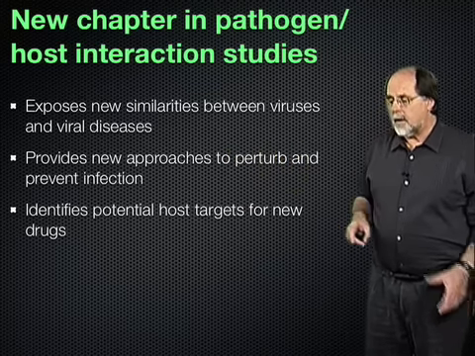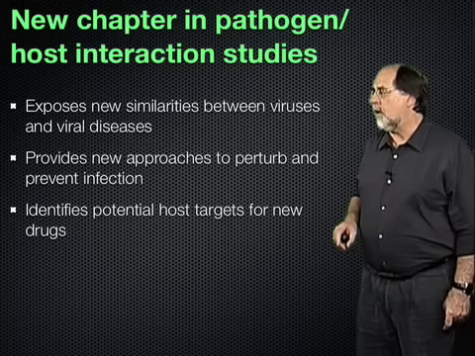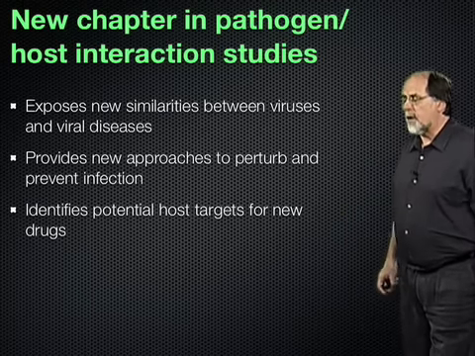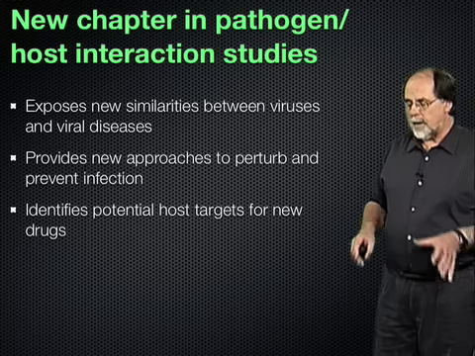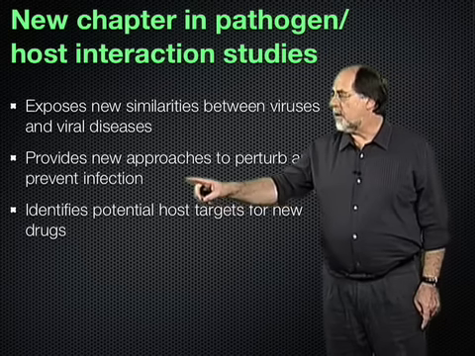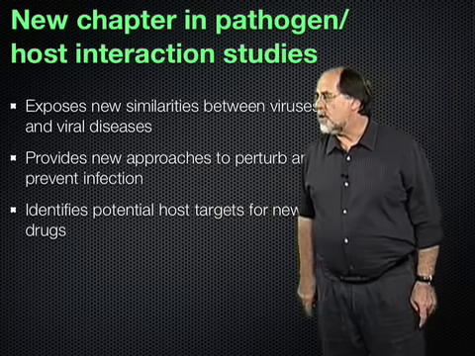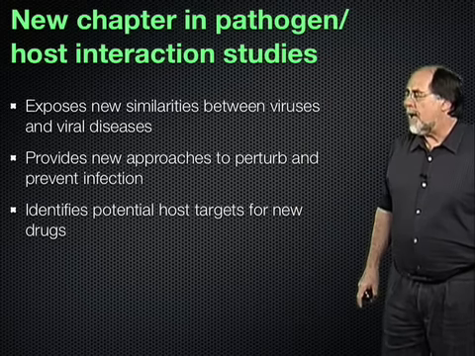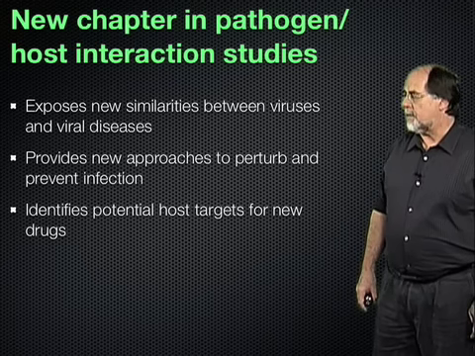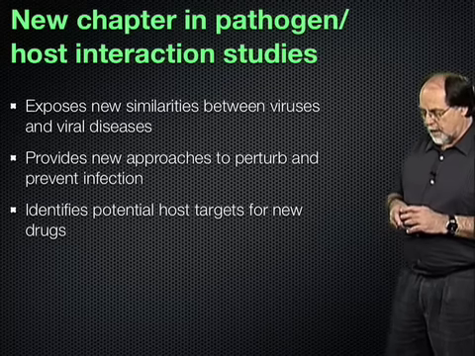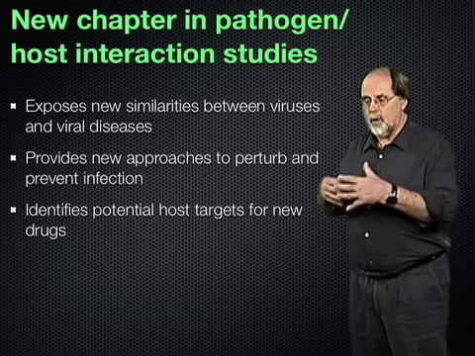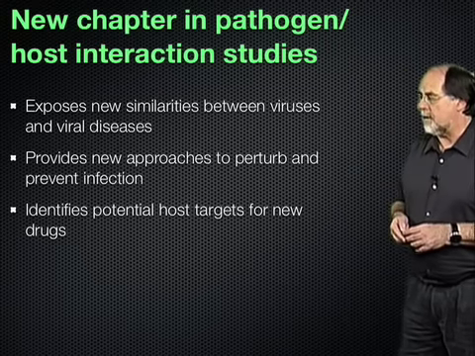And hopefully we will find common cellular factors involved, which may allow us to approach antiviral agents so that they can work on more than one virus at a time. So, of course, it provides us new approaches to perturb infection and obviously new potential targets for antiviral strategies. So I think this systems biology approach will be a key to a new stage in infectious disease.